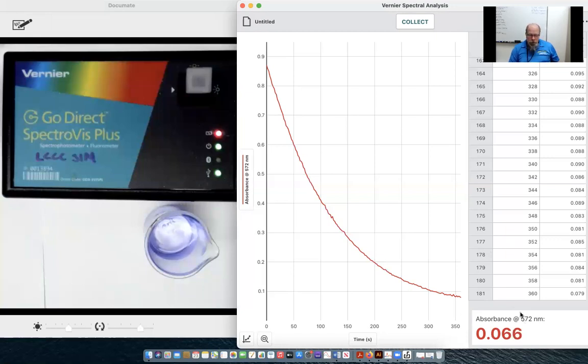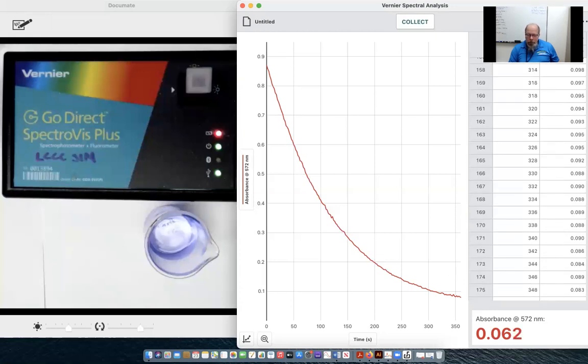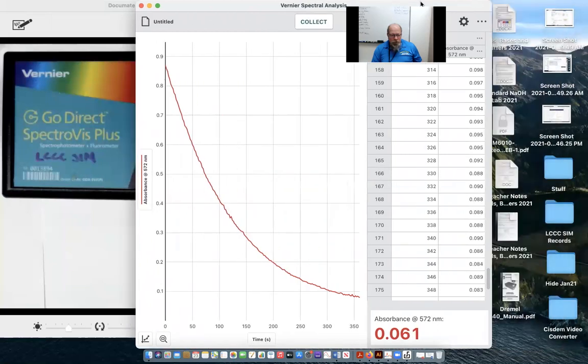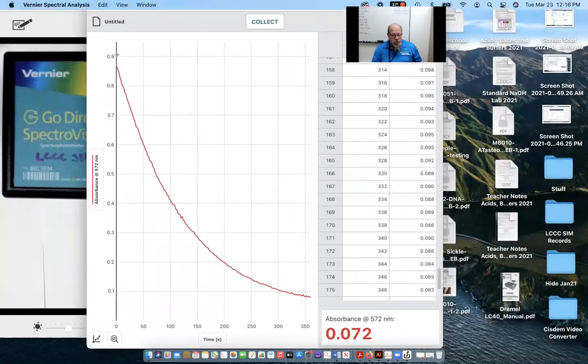So your teacher is going to share this data with you. You can use this and then do the analysis. The lab directions tell you how you can actually go through and change the data that you're measuring. So over here where you see the absorbance, let me just stretch this out and expand this.